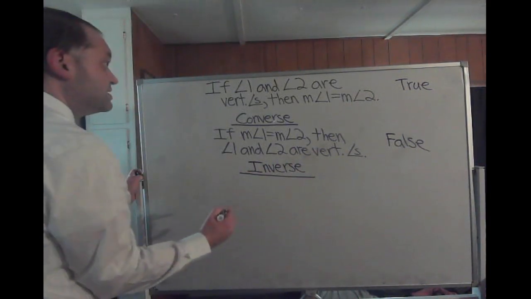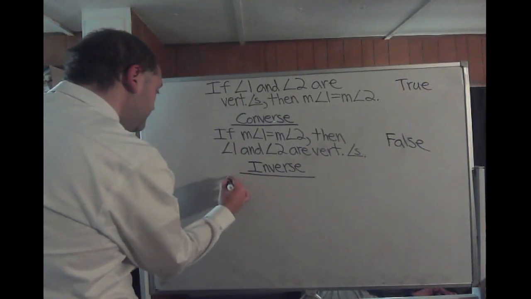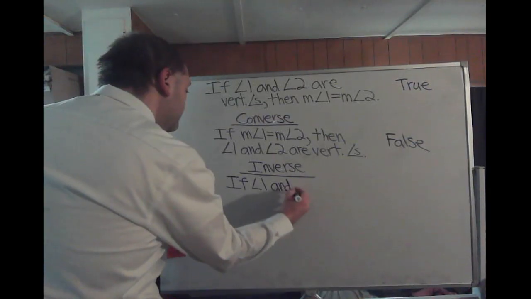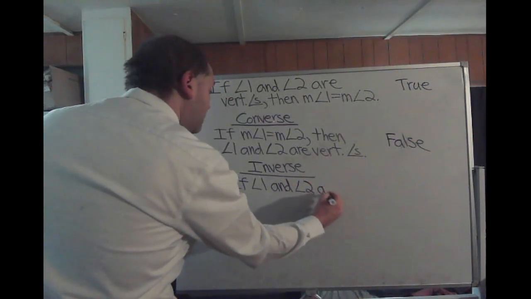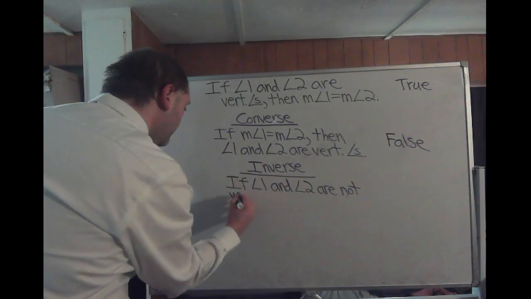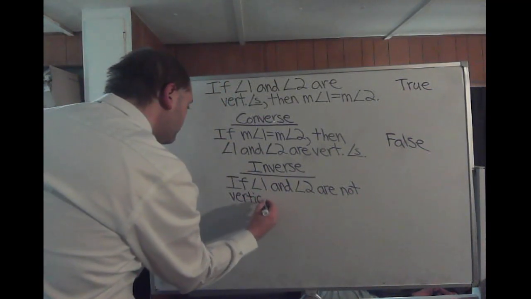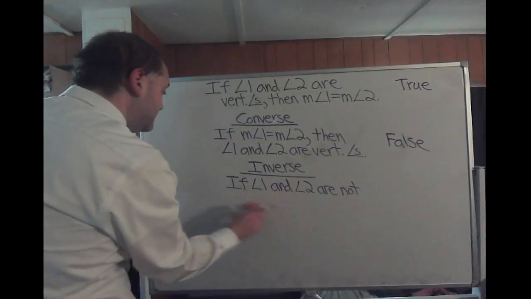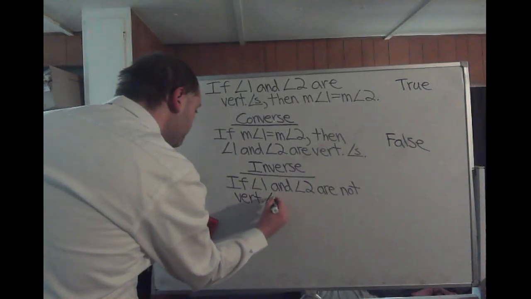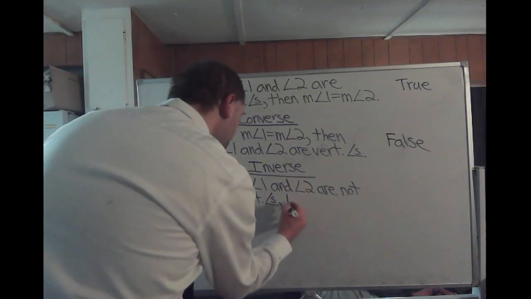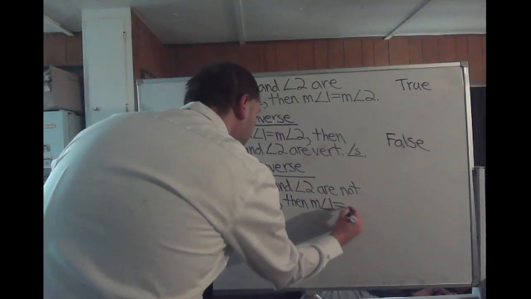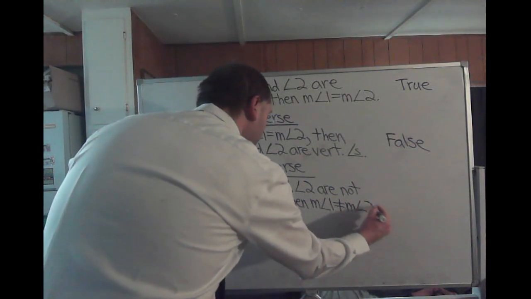The inverse is, if angle 1 and angle 2 are not vertical angles, well, let me abbreviate that a bit so I don't run out of space, then the measure of angle 1 does not equal the measure of angle 2.